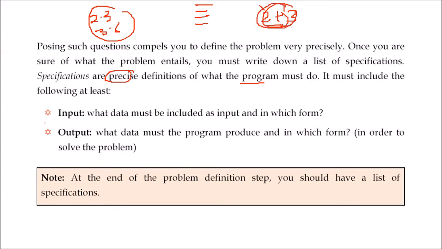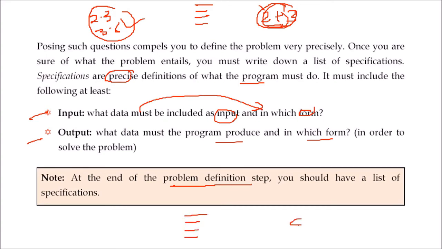It must include the input and the output: what data must be included as input and in which form, and the output, that is, what data the program must produce and in which form, in which order. So at the end of this problem definition step, you should have a list of specifications.